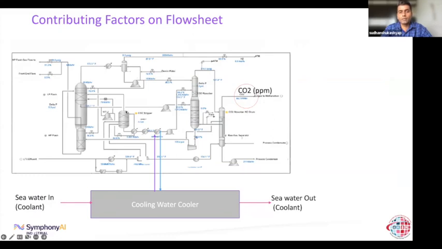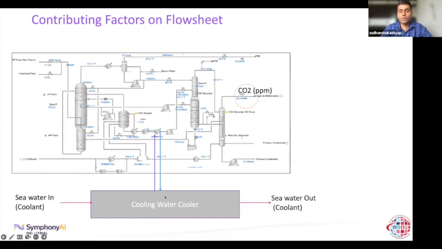Stripping is done by raising the temperature. There's a reboiler here. The lean amine which comes out after the stripper is always at a high temperature, and then we utilize cooling water exchangers to cool that amine so that it has a lower temperature to absorb again from the incoming stream.